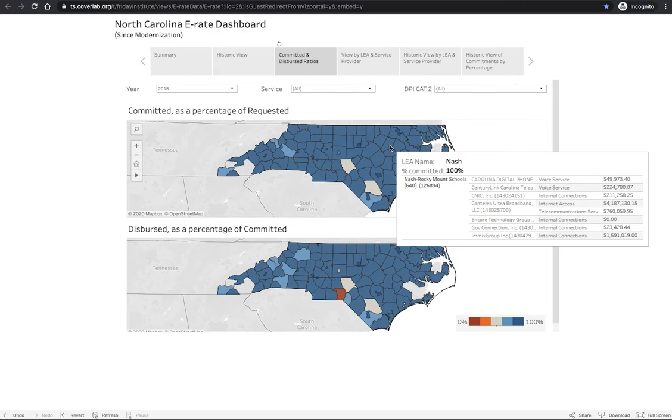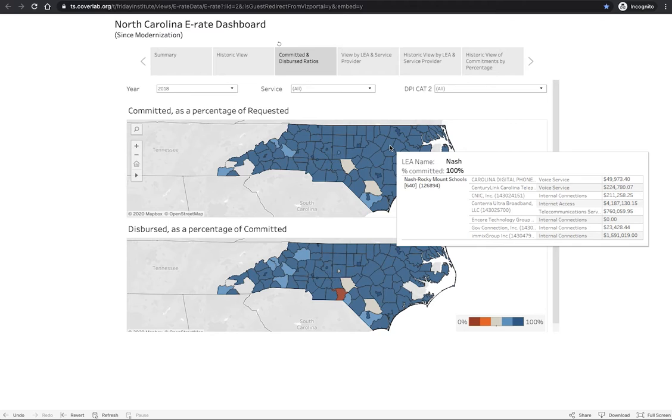The one at the bottom, $1.591 million to Immix Group, would be for a significant amount of Wi-Fi equipment in the district that year. The $4.8 million from Conterra would be their WAN, the connection between all of the schools and a central point in the school district, $4.18 million.